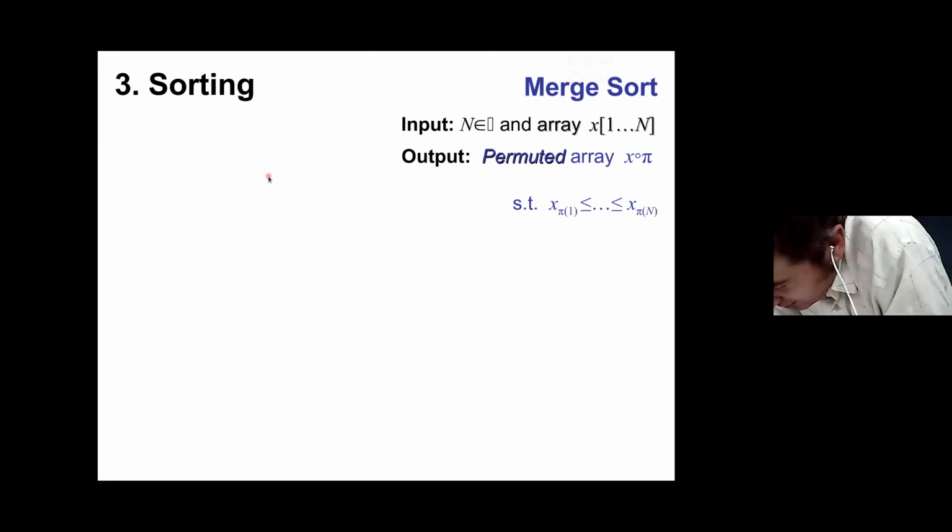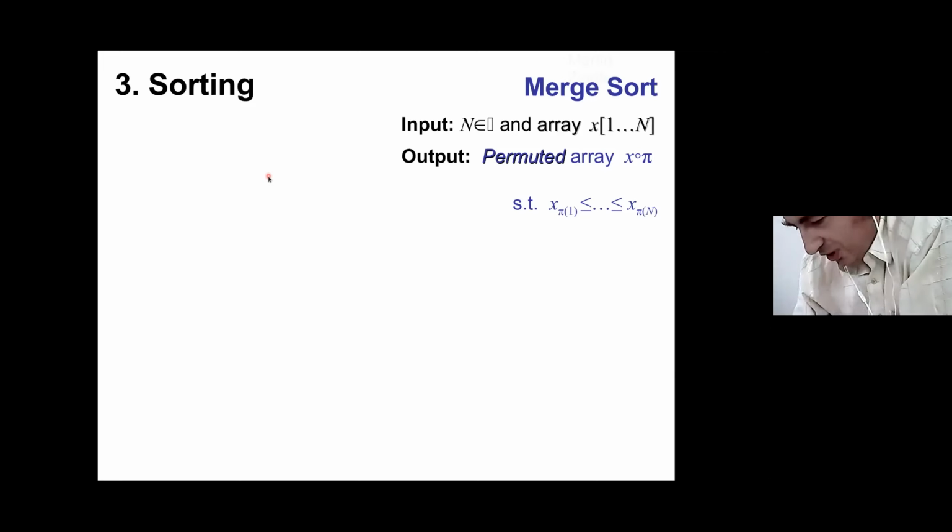I will start the review from the next one, which was the merge sort. This uses a quite different concept. This is divide and conquer, where you use a recursive call.